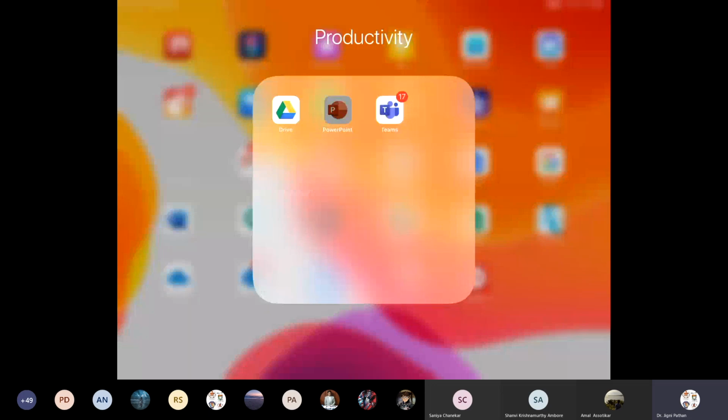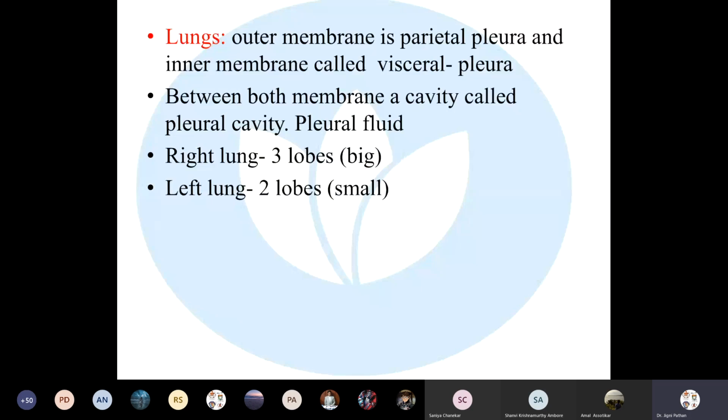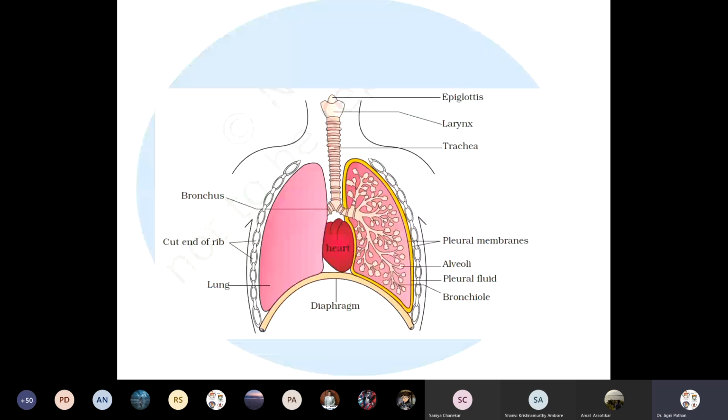You can see the alveoli structure. How does it look? Can you all see the structure?